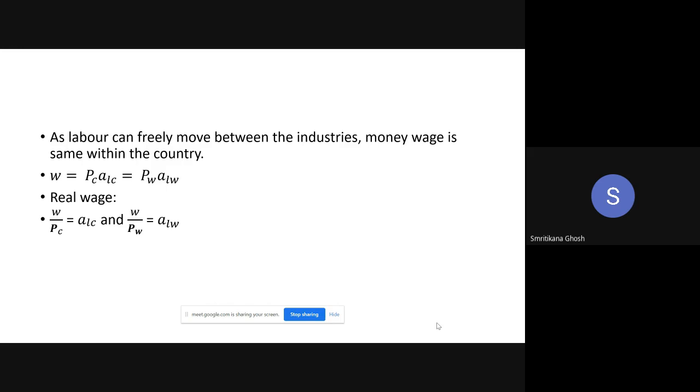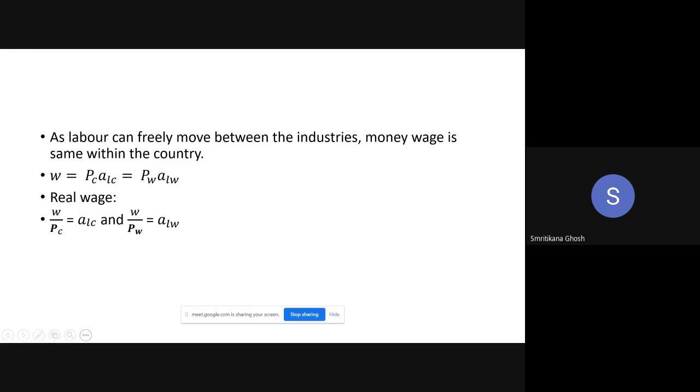If wage is a little bit higher in one industry, then labor will move there from another industry, and in that industry the supply of labor is rising and the price of labor, that is wage, is falling. And this is how ultimately wage in both production units within the country will be the same. Do you get the point?